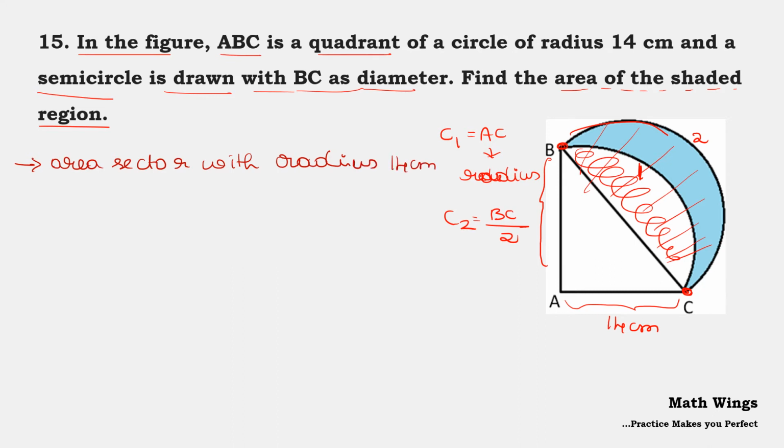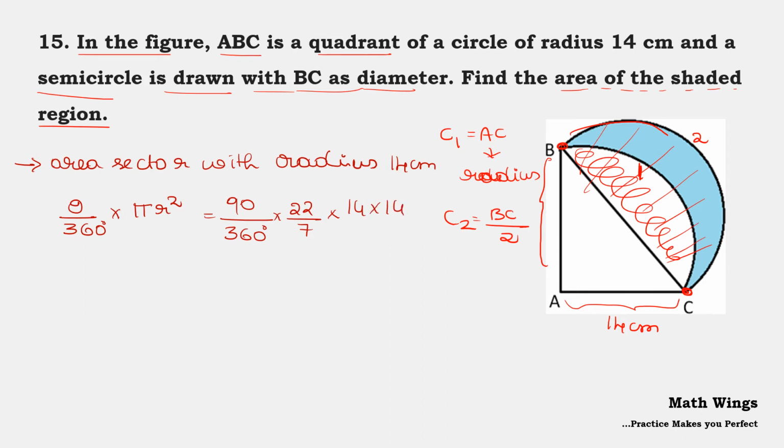So what is the area of that sector? Area of the sector is theta by 360 into pi r square, which is equal to, theta is 90 degree here, so it is 90 degree divided by 360 degree into 22 by 7 into r is 14.